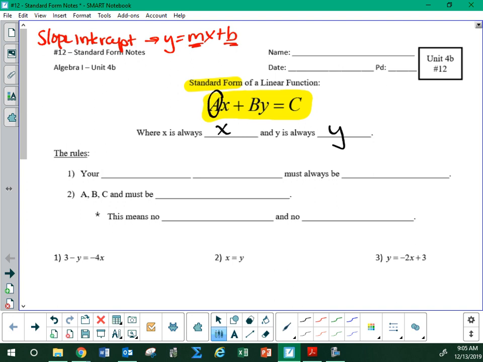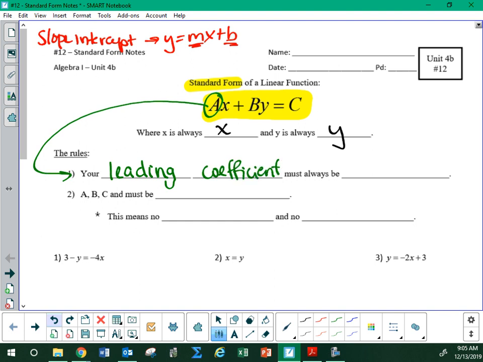So our first rule is talking about a. This is what we call our leading coefficient, meaning it's the first coefficient you see. So our first rule is that our leading coefficient, that's just the number in front of x, must always be positive. So a cannot be negative.